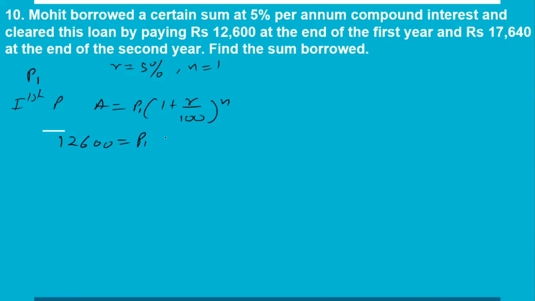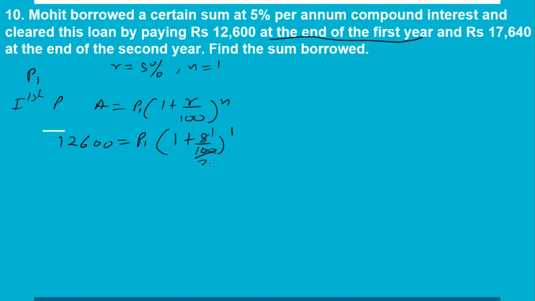So 12,600 is equal to P1 in bracket 1 plus 5 upon 100, raised to 1 for 1 year. Mohit cleared his loan by paying 12,600 at the end of the first year. That is the reason we have taken n is equal to 1.